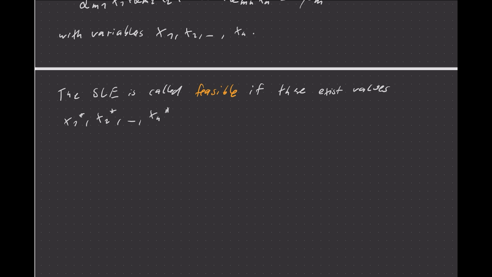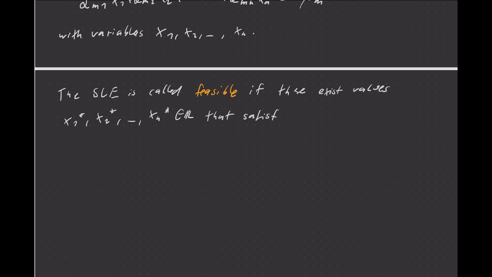Okay, now we know how to write down such a system. Let's talk about what it means for that system to have a solution or to be feasible. Also, pretty straightforward. The system of linear equations is called feasible if there exist values, we call those x1 star, x2 star, and so on up to xn star in R, so those are real numbers.